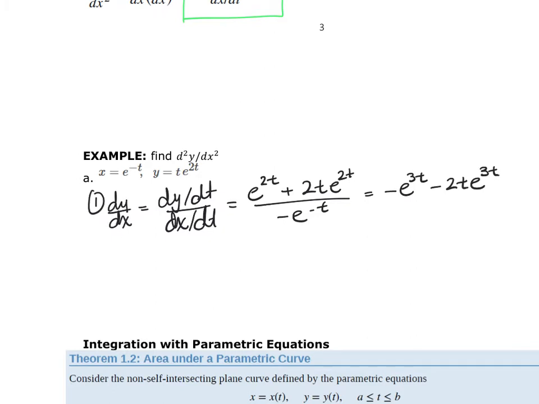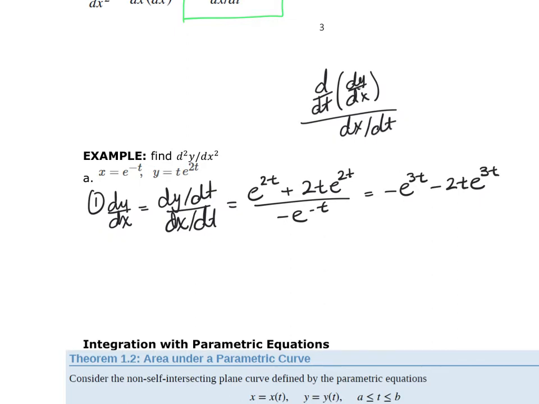That gives me my first piece. Now remember, it is d/dt of dy/dx in the numerator, and then it is dx/dt in the denominator.